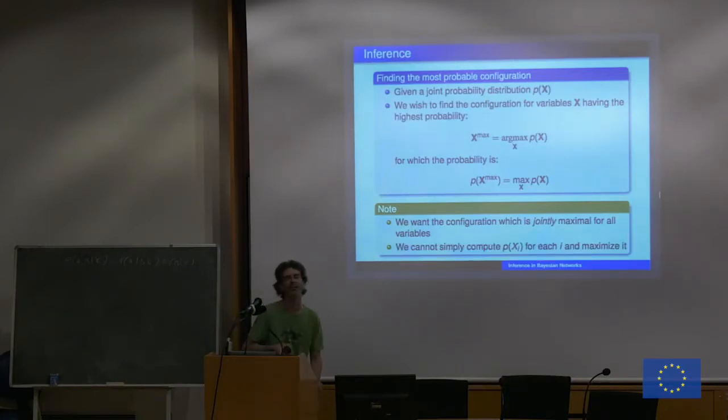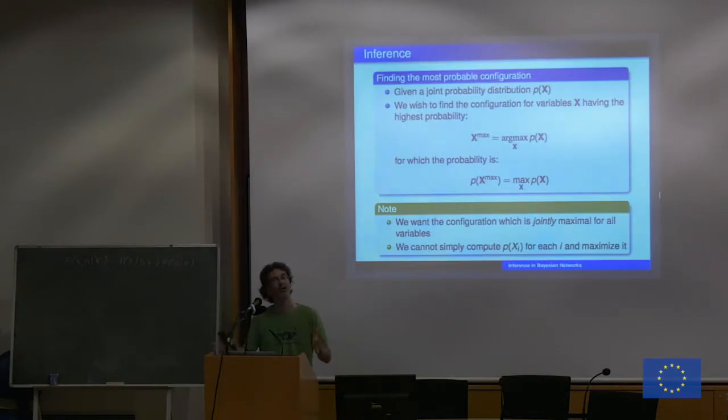I could say, for each variable, I use the previous approach to get its probability, P of xi. Then you maximize over the values, and you get the value for xi. You do the same for xj, you maximize, and you get the value for xj. And you do it like this for all variables, independently.